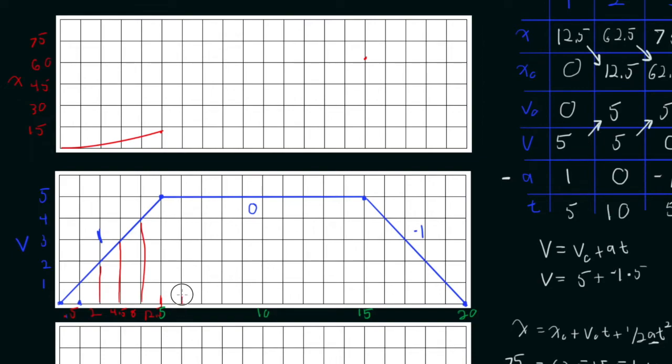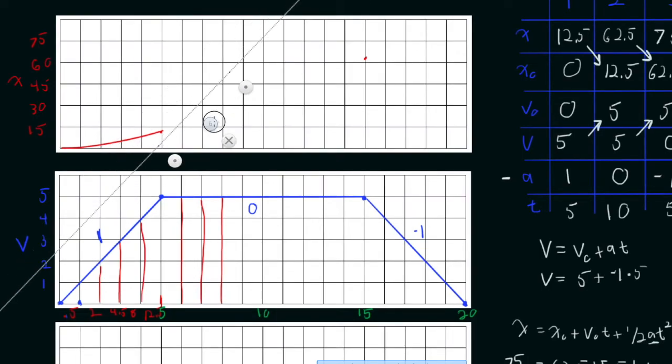Every single second adds another 5 meters. So we can see this: every second adds that same amount. That means my slope for my displacement is going to be a very even slope. So let's set that up.